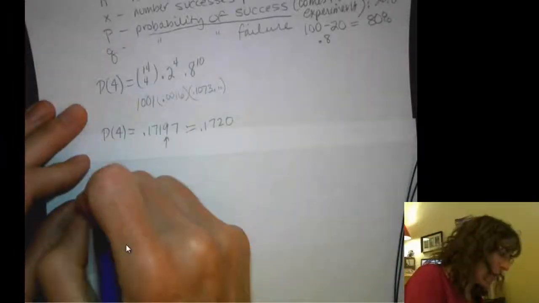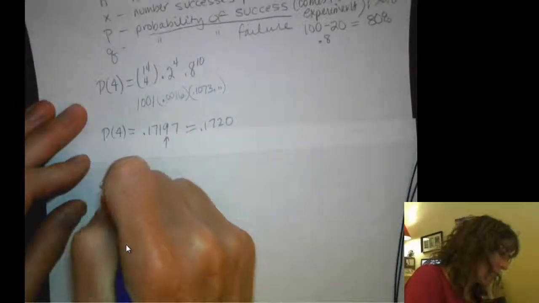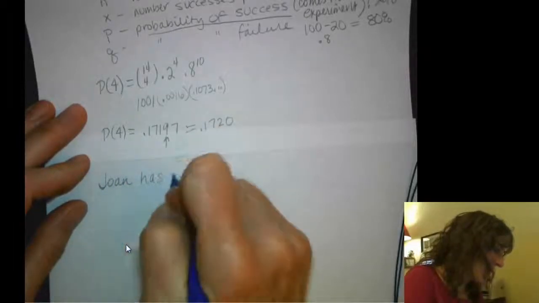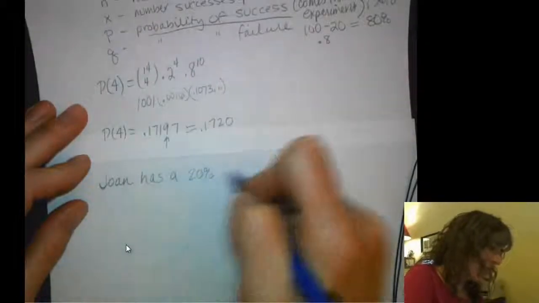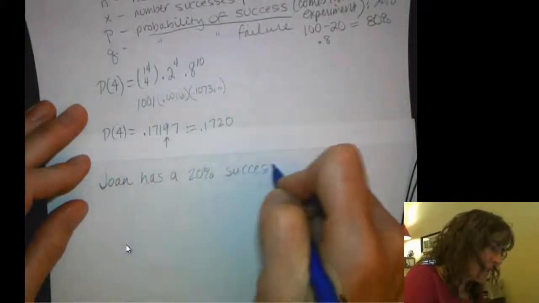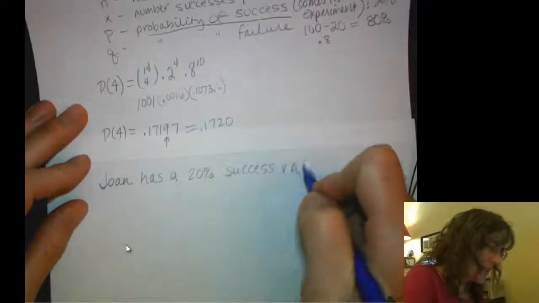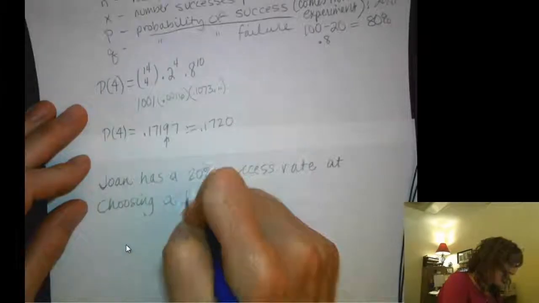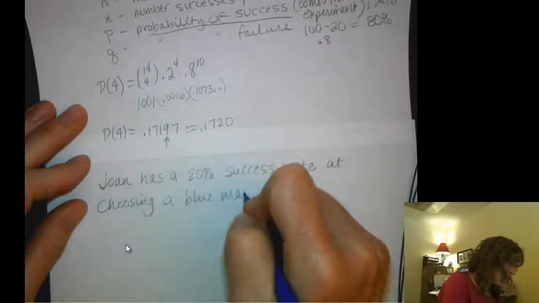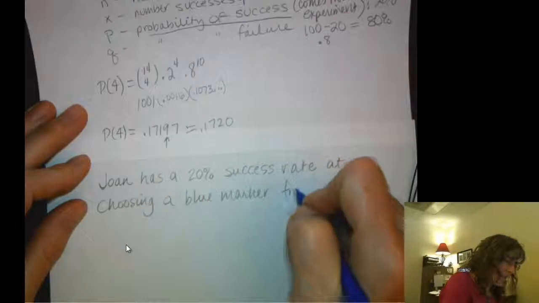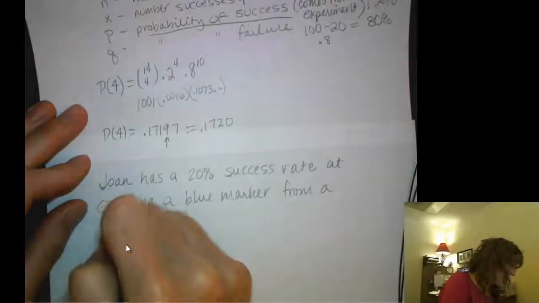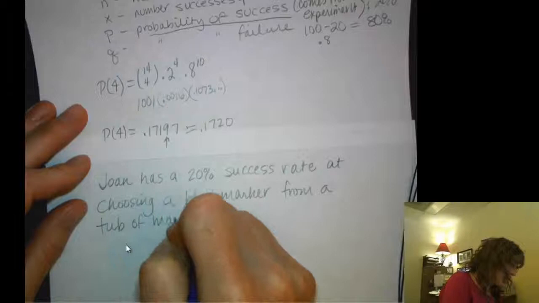Okay, so my problem is: Joan, that's me, Joan has a 20% success rate at choosing a blue marker from a tub of markers.